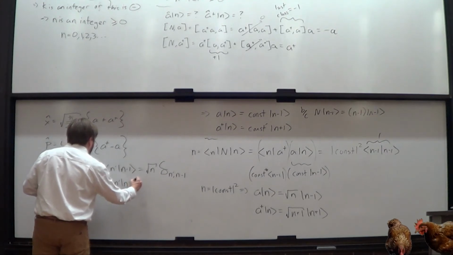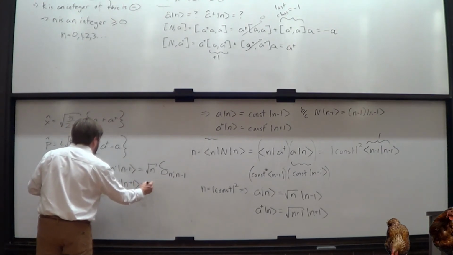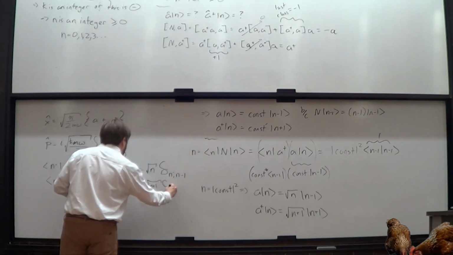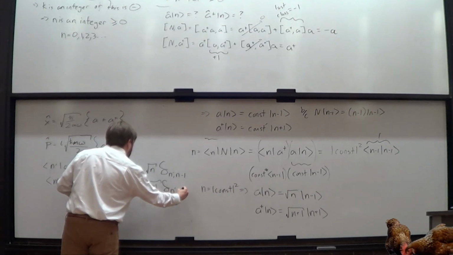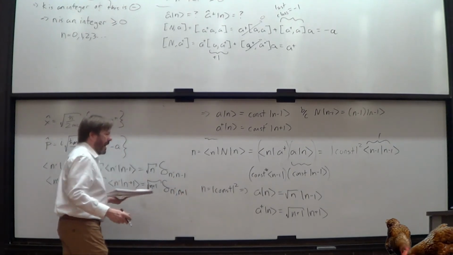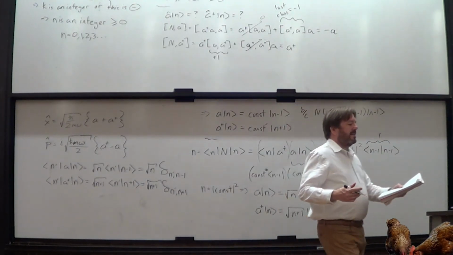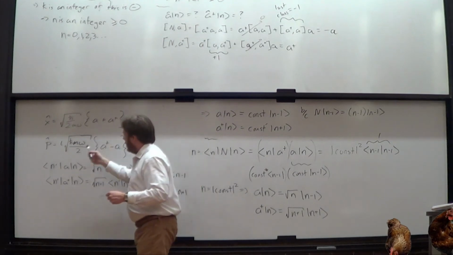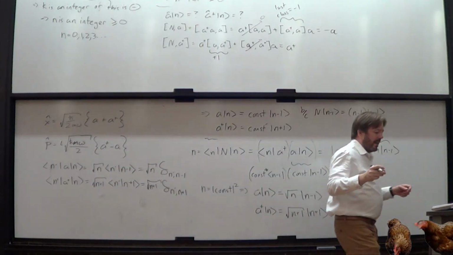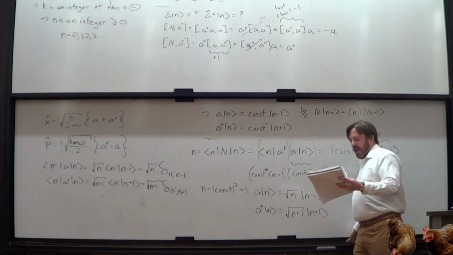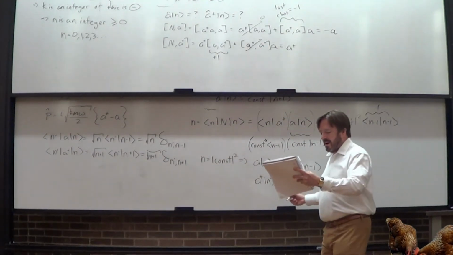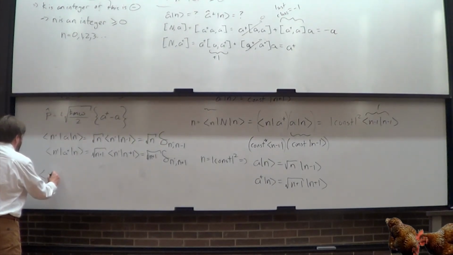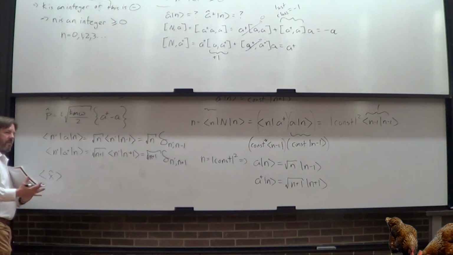Annihilation subtracts 1, creation adds 1. So the point is that if you're evaluating position or momentum as a function of these creation and annihilation operators, you have a problem: it's basically going to be 0 all the time.